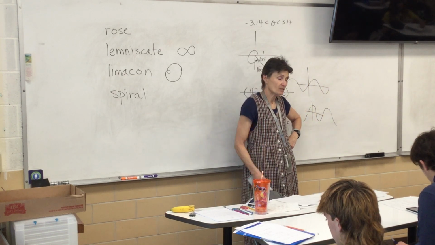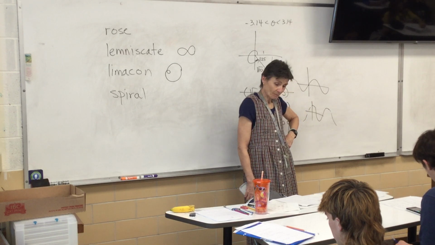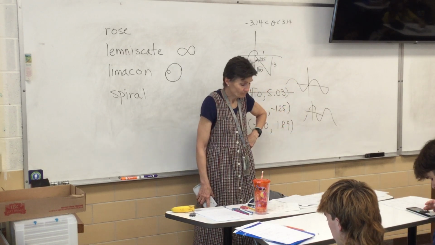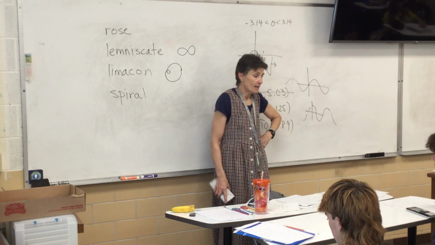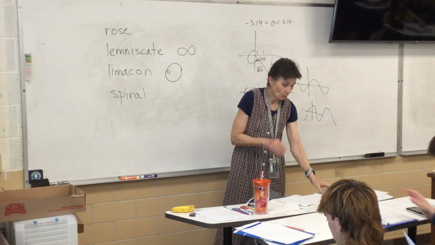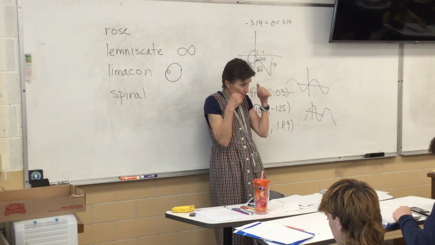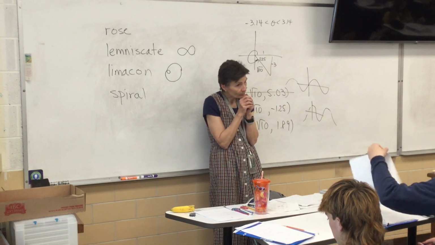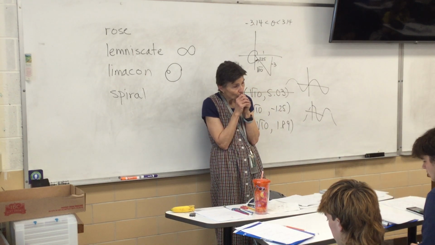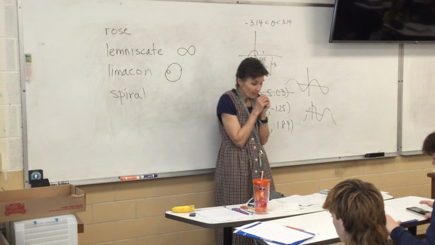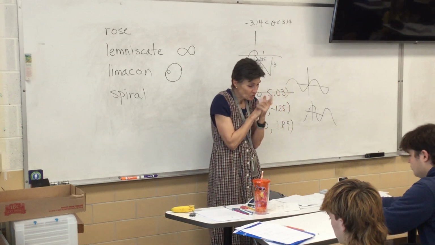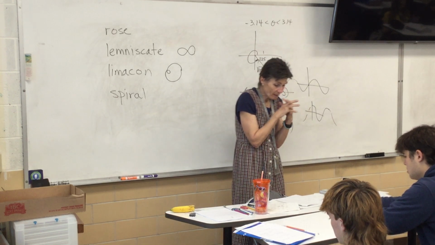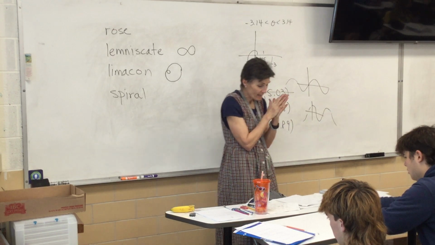And I want you to graph these four, 1, A through D. And I want you to do a quick little sketch there so that you remember what it looked like. And then I want you to make some general observations so that we can talk about problem 2 without a calculator.